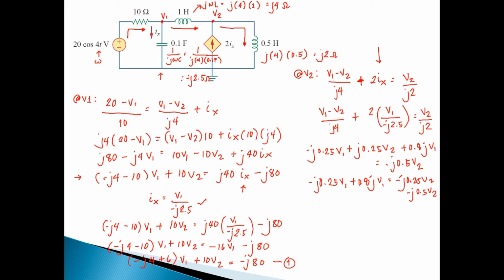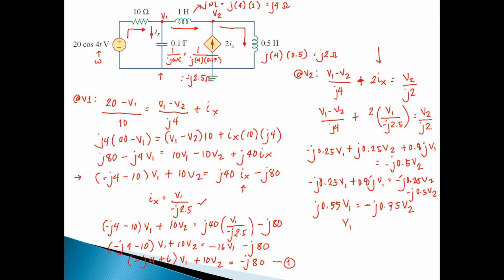So we have 0.8 minus 0.25, we have 0.55 V1 here. And then on the right side, we have negative 0.25 minus 0.5. So we have negative 0.75 V2.